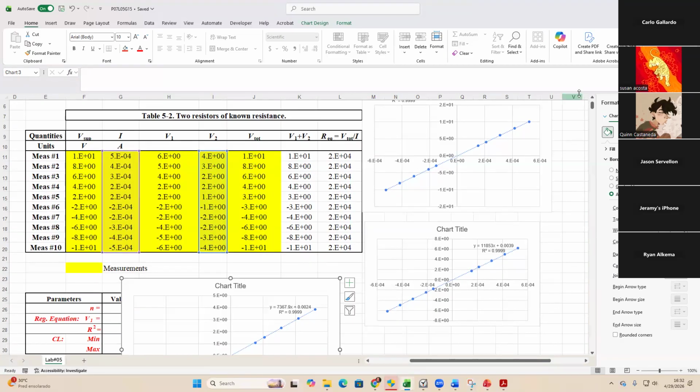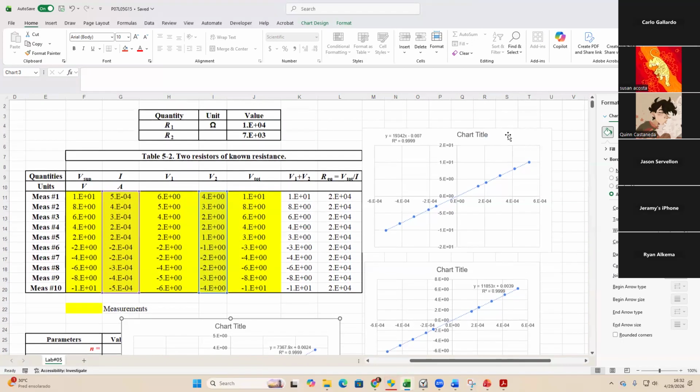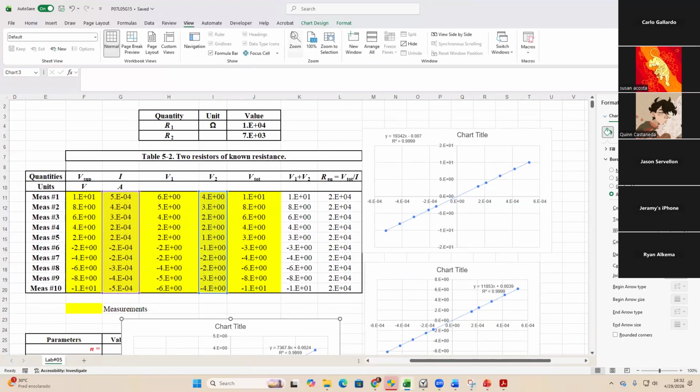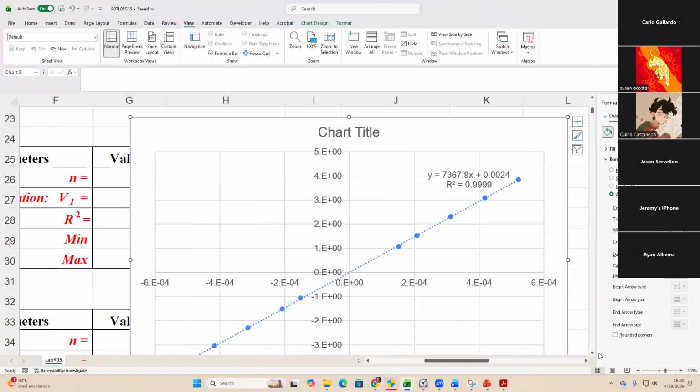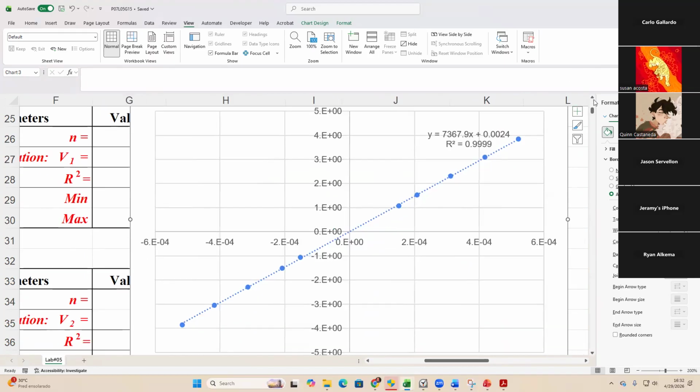Let us fix that. See here my graph, right? Let me zoom in. You can see my graph has an R squared of 0.9999, 4 decimal places. Most likely your R squared doesn't have enough decimal places in there.